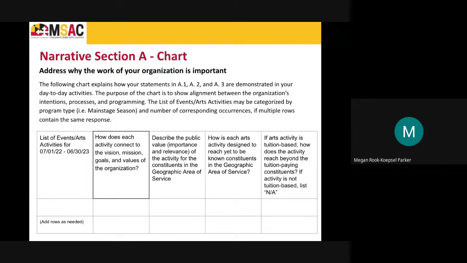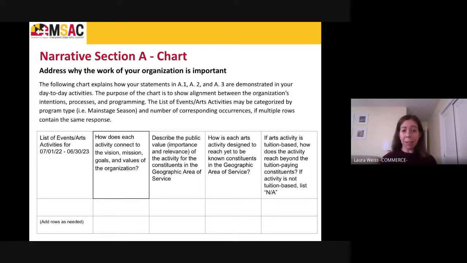It's helpful to know that what you're actually looking for is what are ways that you're trying to reach other people. Yeah, that's a great distinction and something we can certainly take into advisement. I would say that it could also be that the activity itself is specifically designed to reach a certain constituency or a group that is not currently served.